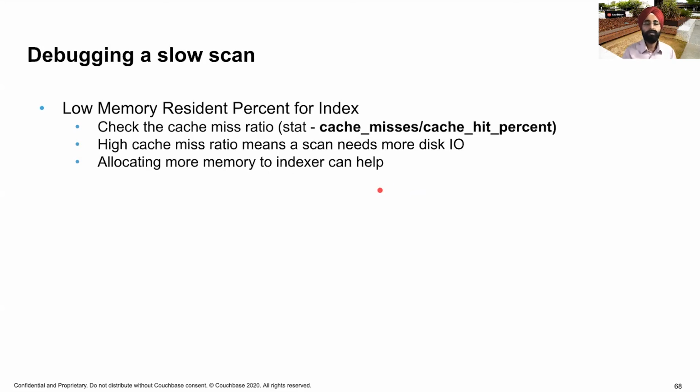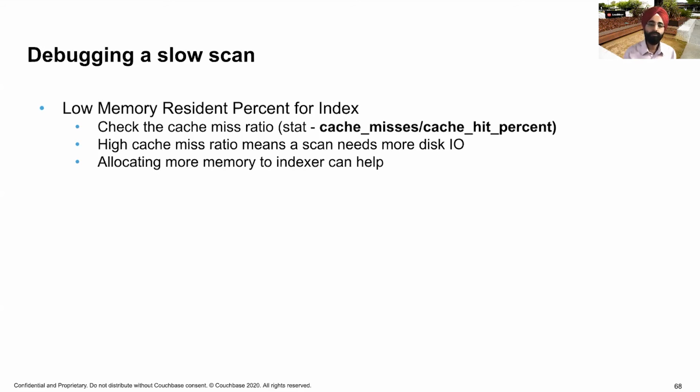Another case for a slow scan can be if the memory resident ratio of an index is low. That would mean that most of the items for the index that need to be scanned are not available in the cache, and it needs more disk IO to answer such requests. In such cases, allocating more memory can help.